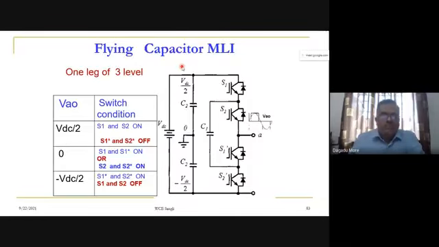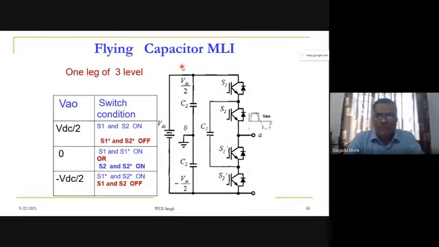Last time we discussed the diode clamp multi-level inverter, or the neutral point clamped multi-level inverter, and we discussed one of the control techniques, that is the multiple carrier sinusoidal PWM technique.